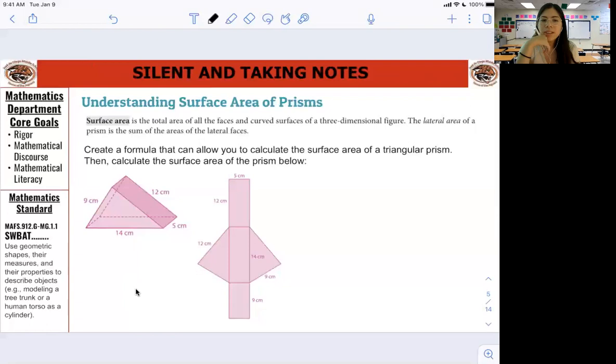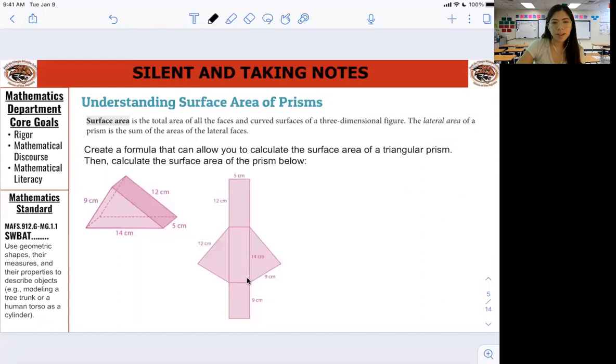No, each of them is completely different. So we have 3 rectangles and 2 triangles. Are the triangles the same? Yes, they are.